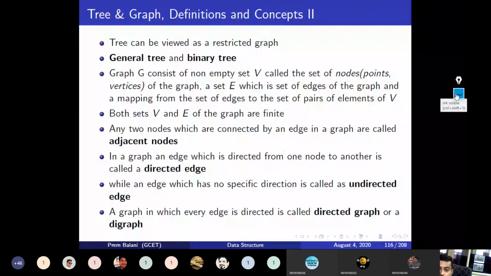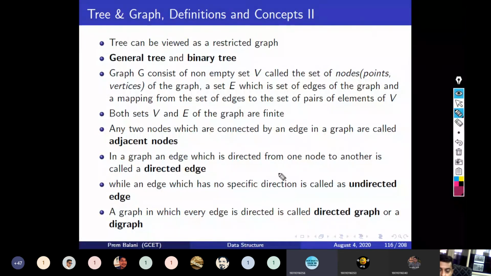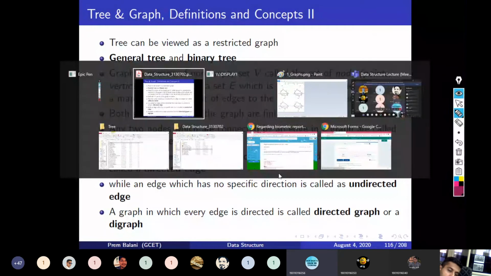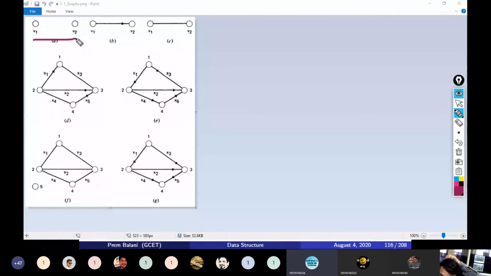Sir, in the first picture there was no edge. So can we say that there were 0 edges and 0 directed? In the first diagram there were 0 edges.